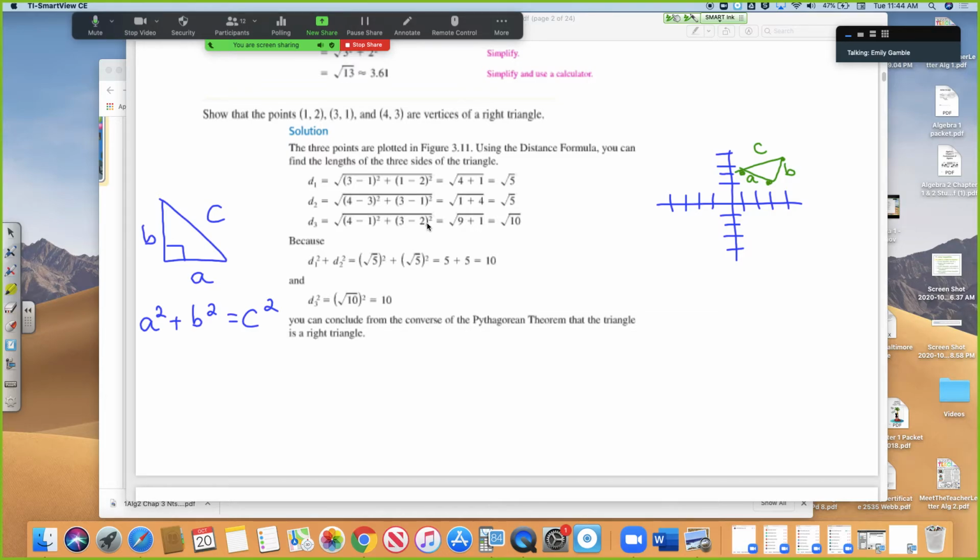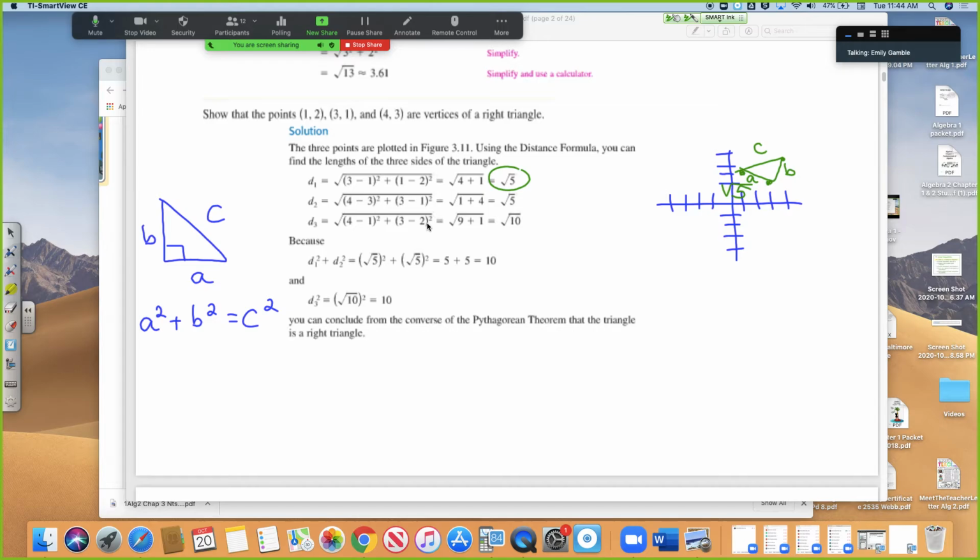That means that these 2 legs squared and added together will be equal to C squared. I'm not going to do the whole thing. I'm just going to show you what this is saying. Basically, the distance formula is showing us that the distance between this point and this point is equal to the square root of 5. So this distance right here is the square root of 5.